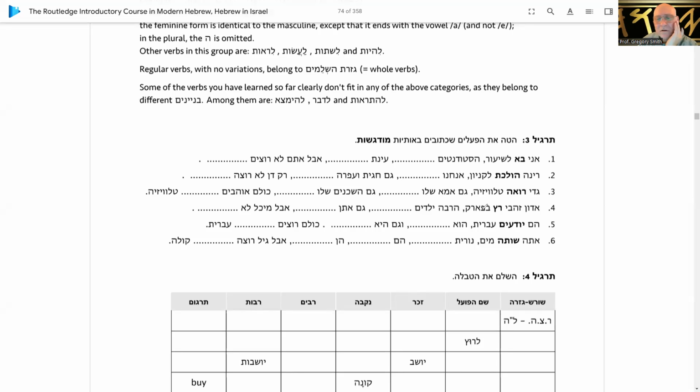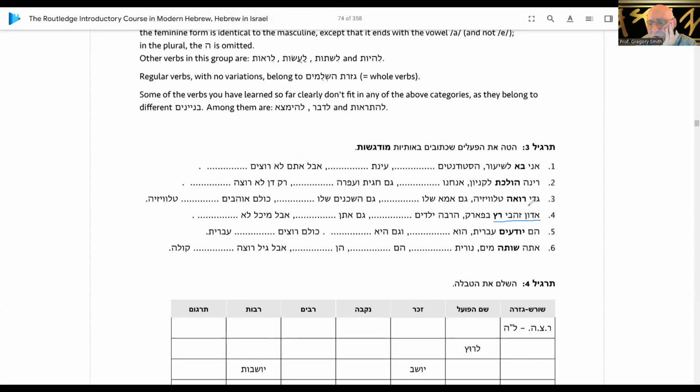Okay, so number 4. Adon Zahavi, right. So Mr. Zahavi is running in the park. That's a transliteration of an English word, the park. Harbe yeladim. So let's see, Harbe. I think Harbe has to do with a lot of children. A lot of children are running, probably. Harbe yeladim, yeah, many children. הרבה ילדים.